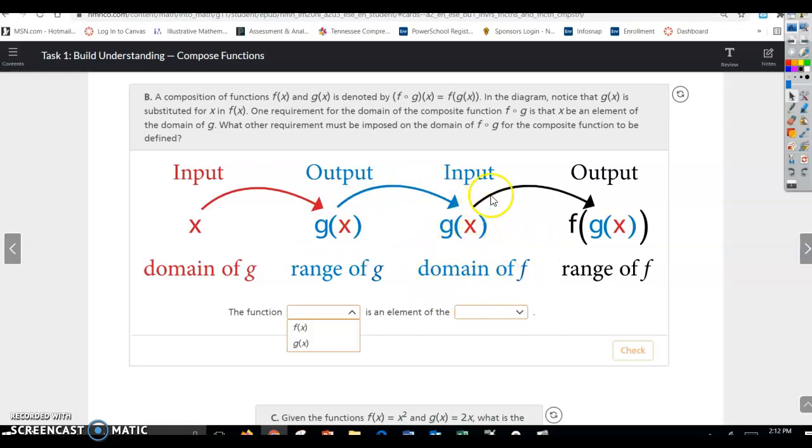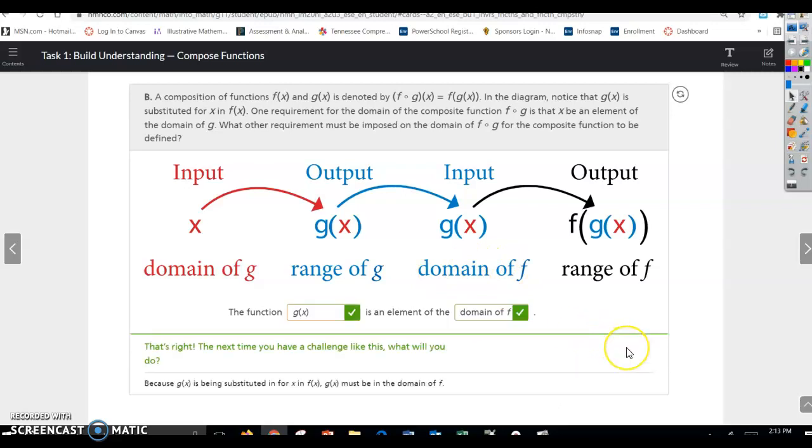Then that turns into an output, the range of f. So f of g of x is going through this process. So g of x is an element of the domain of f.